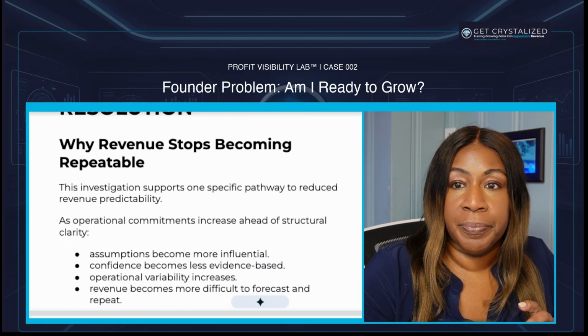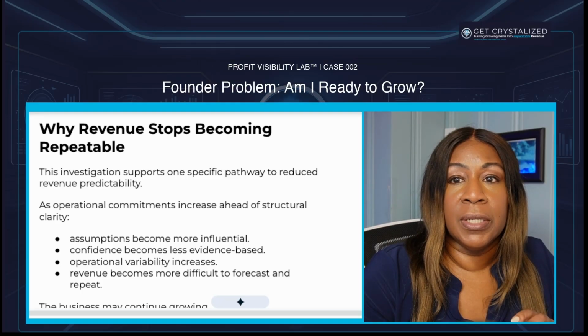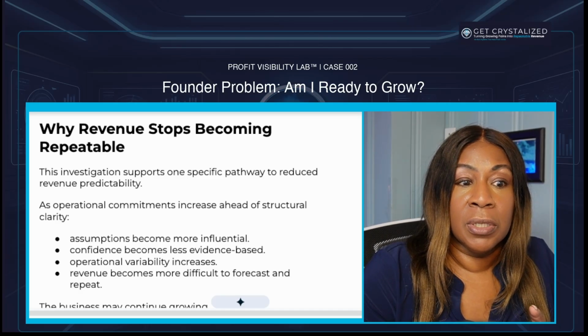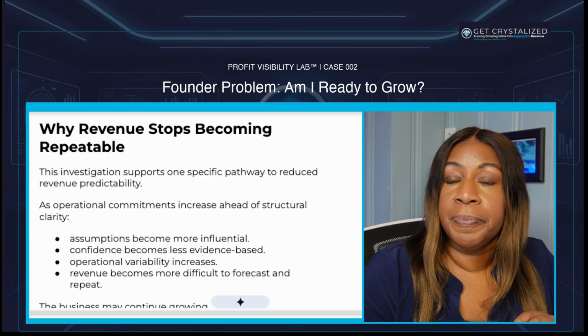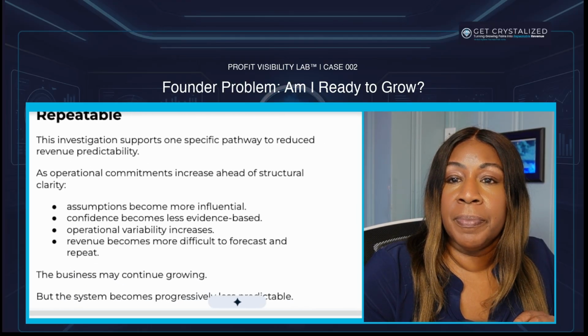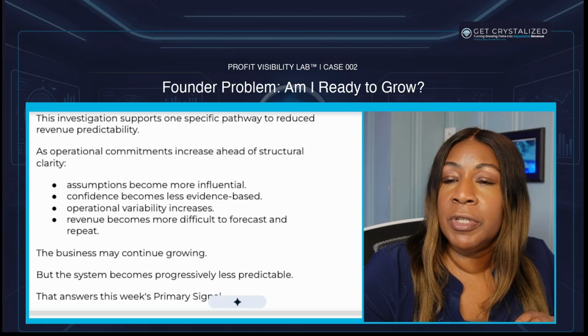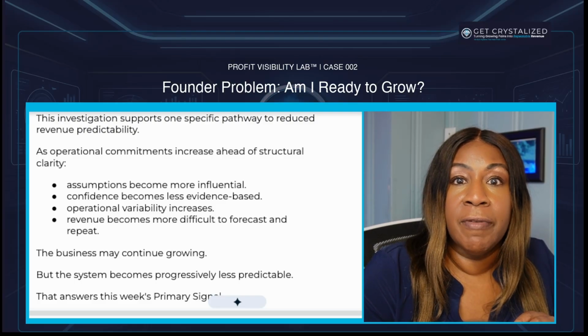So this investigation supports one pathway to reduced revenue predictability. In other words, what's going to happen if we do this deal? As operational commitments increase ahead of structural clarity, the assumptions become more influential, and the confidence becomes less evidence-based.